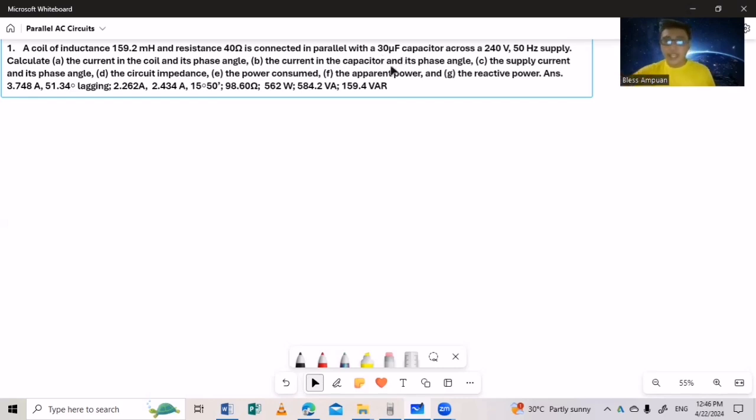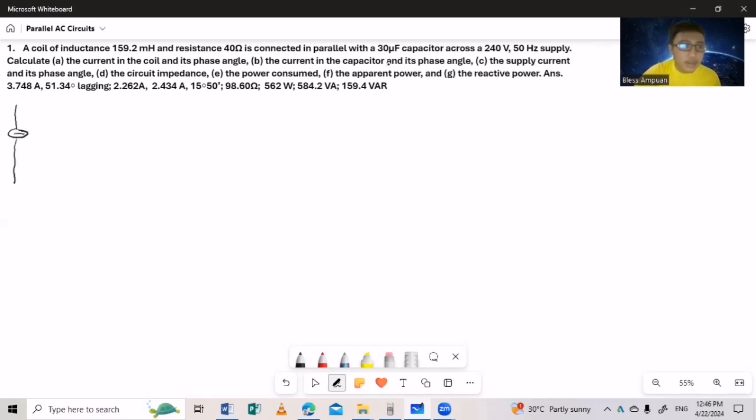So first again, our first move is we're going to create a circuit diagram. So in here, our supply voltage is 240 volts, and then we have, this is our coil.